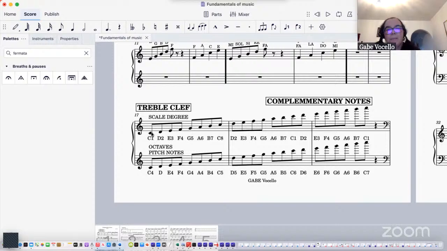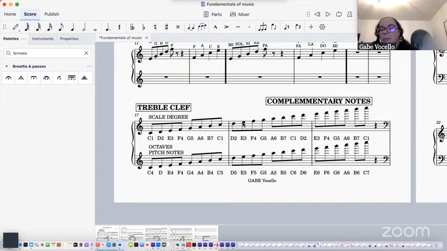So C, degree 1, D, degree 2, E is the degree 3, F is degree 4, G is degree 5, A is degree 6, B is degree 7, and C is degree 8 or 1. Let's put just 1, because 8 is the repetition of the 1. D is degree number 2 of the scale.